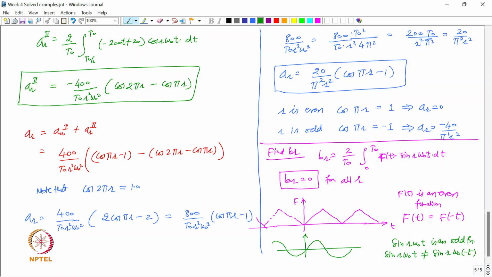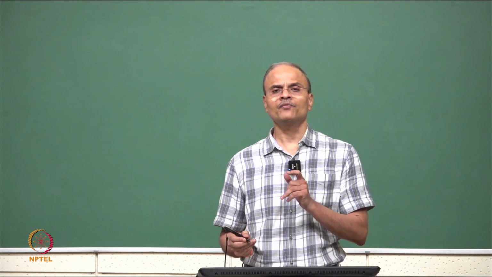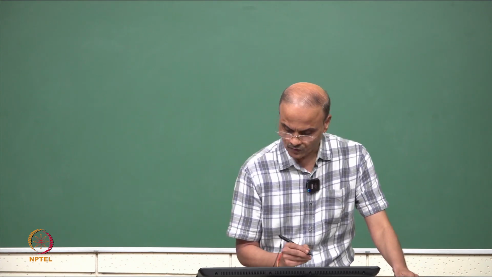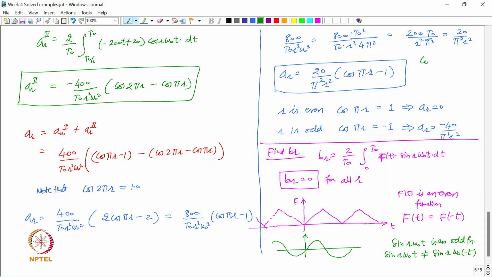And the cosine functions are even functions. Cos r omega naught t is an even function, since cos r omega naught t is equal to cos r omega naught minus t.